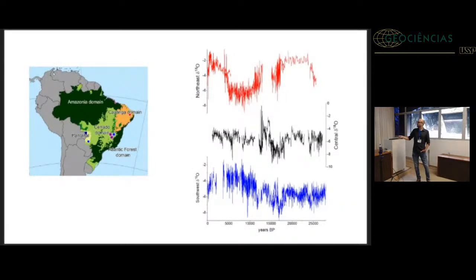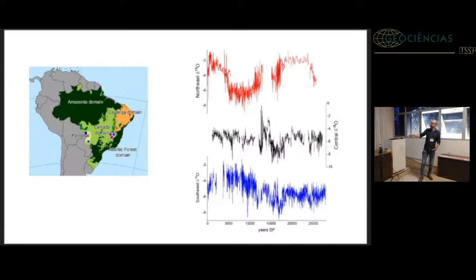And just a bit of background, again: in the southwest of Brazil we have this δ18O going to higher values toward the Holocene. But when you go to northeast Brazil, we go to lower values. There is a climate dipole in precipitation between this part and this part.